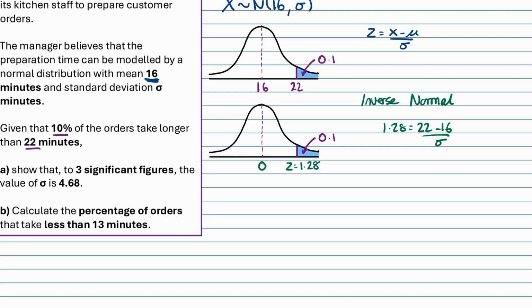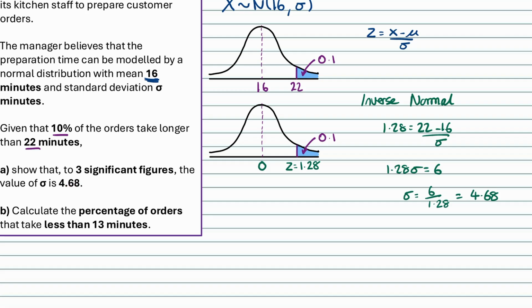So now we can tidy up this right-hand side. We've got 22 minus 16, which will give us 6, and we'll move the sigma over to the left-hand side. So 1.28 sigma will equal 6, and then we'll divide both sides by 1.28. And this will give us the standard deviation of 4.68, which is what we wanted to show here.